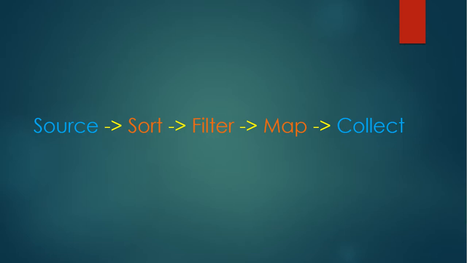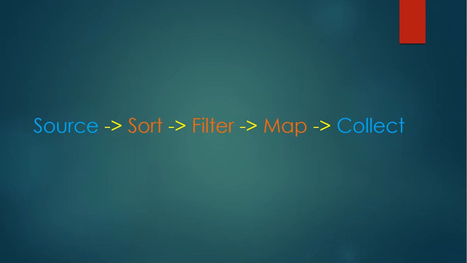In order to learn streams, one must know what a lambda expression is and how to use it. If you don't know, I strongly suggest you watch my video on lambda expressions and then come back to this video, so that it will be more meaningful for you.